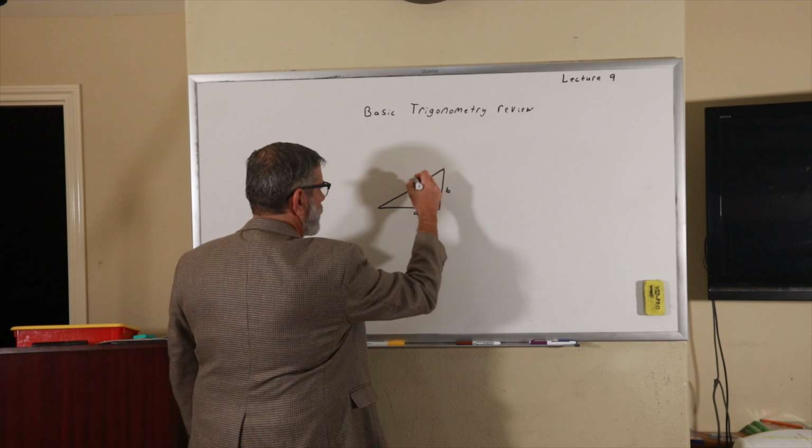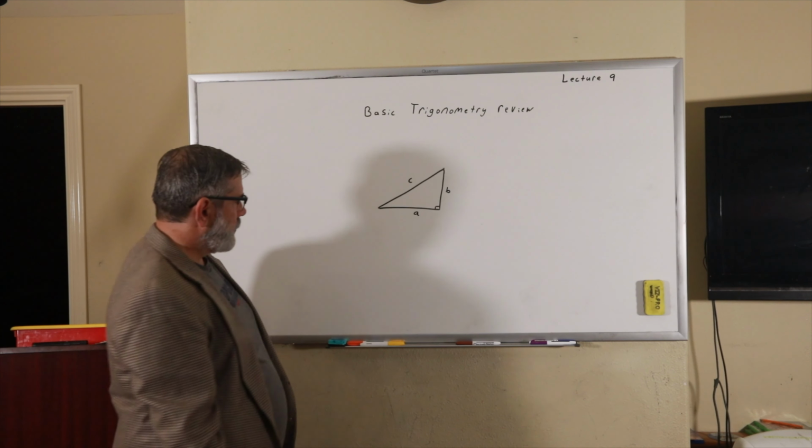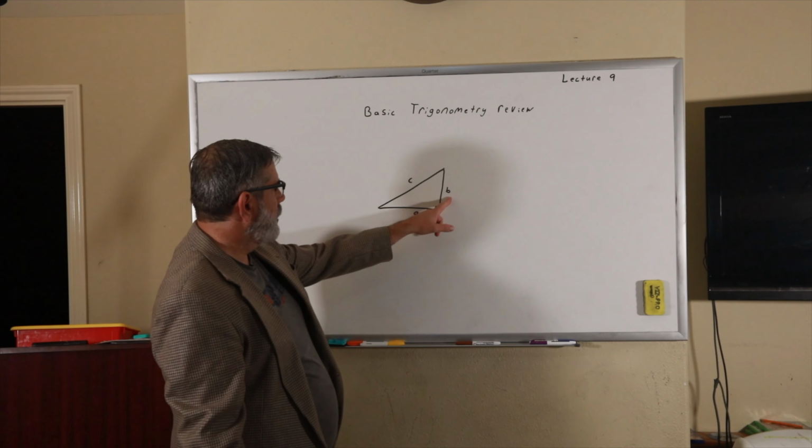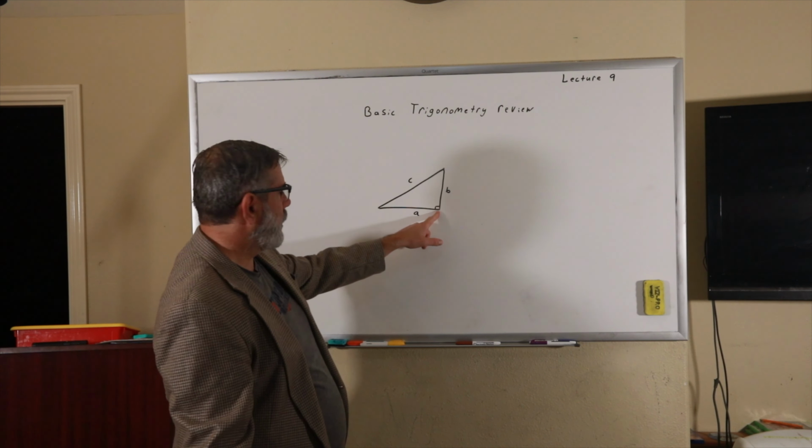And the first thing that should come to mind is that if I have a right triangle, denoted by this right here, then the Pythagorean theorem holds, which says that c squared is equal to a squared plus b squared. Let me write that out graphically. What does that mean?